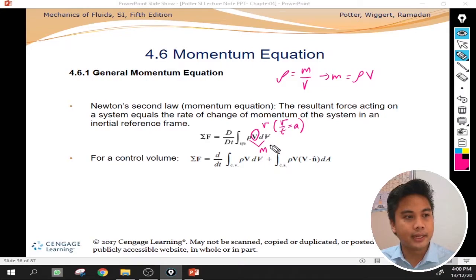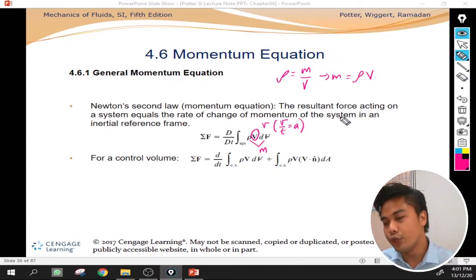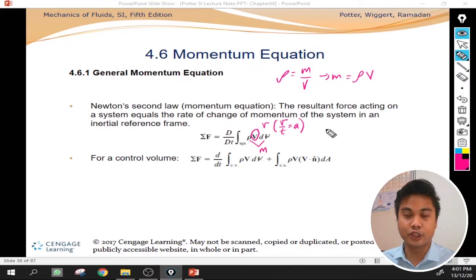From here, we need to specify where the system is. Remember that we're going to use the RTT, Reynolds Transport Theorem, to convert the system integral form into the control volume form.